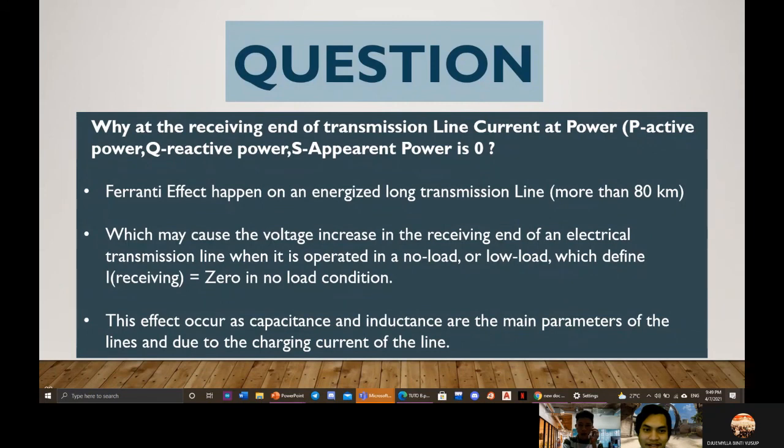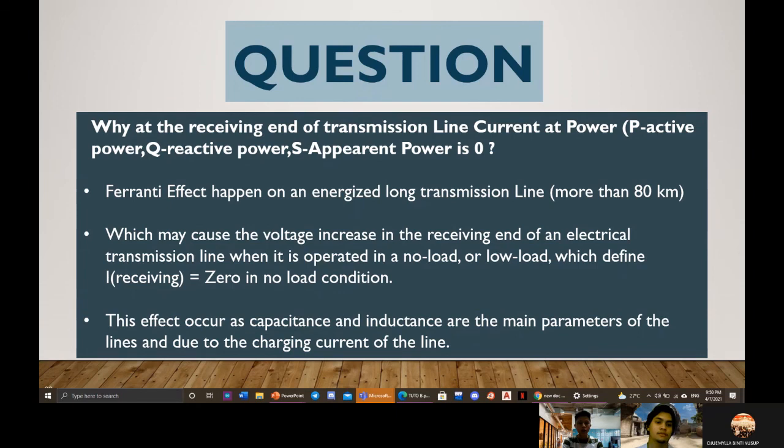Okay, next question. Why at the receiving end of the transmission line are current, P active power, Q reactive power, and S apparent power zero? For the first point, the Ferranti effect happens on an energized long transmission line of more than 80 km.